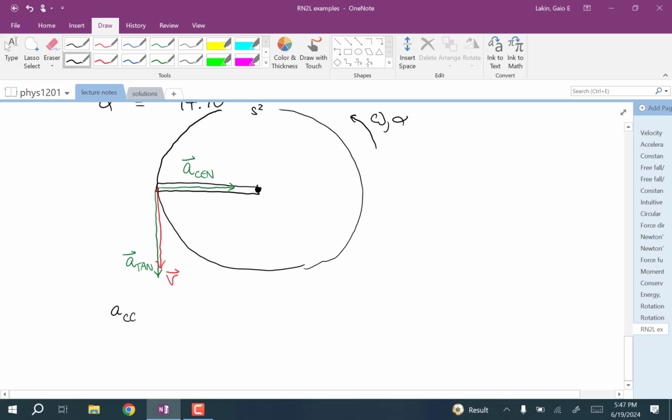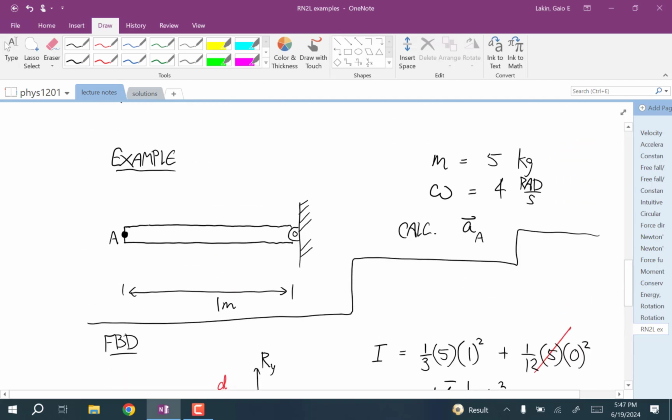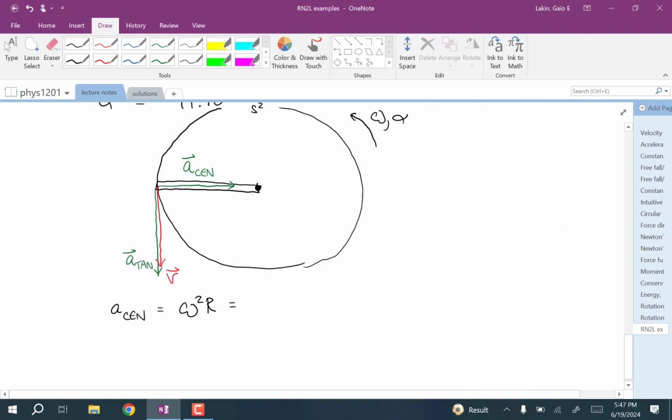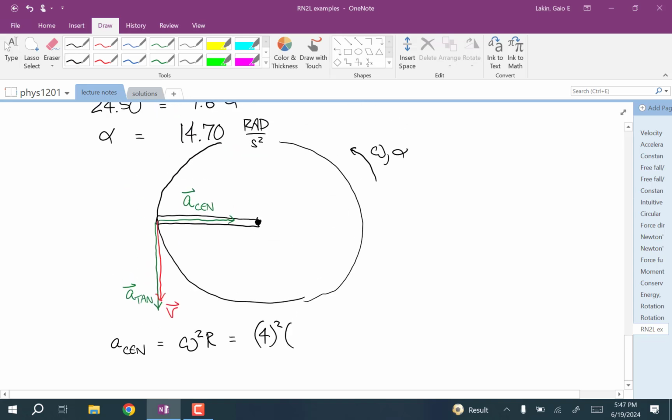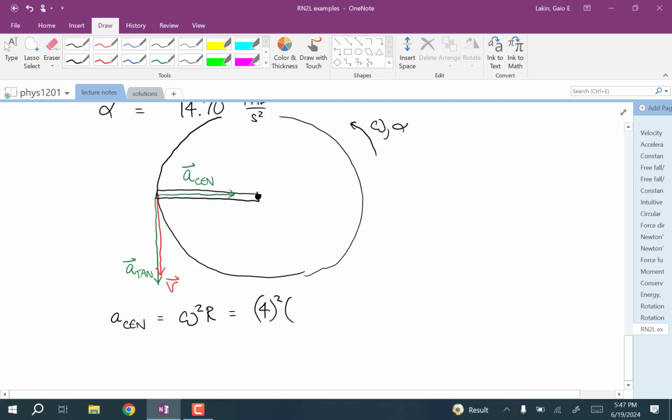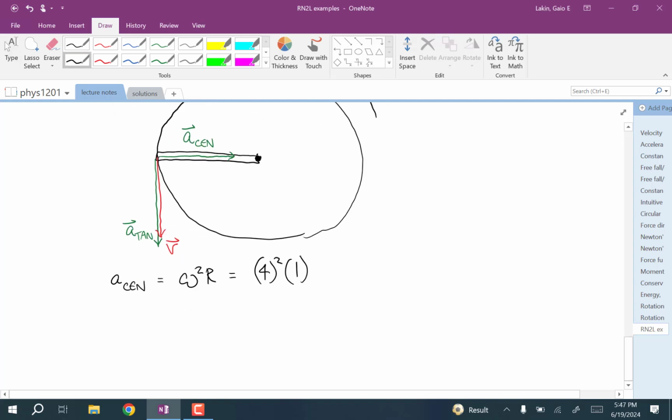The magnitude of the centripetal acceleration is omega squared times r. Omega was 4. So this is 4 squared times the radius of this circle, which is the length of this beam, so 1.